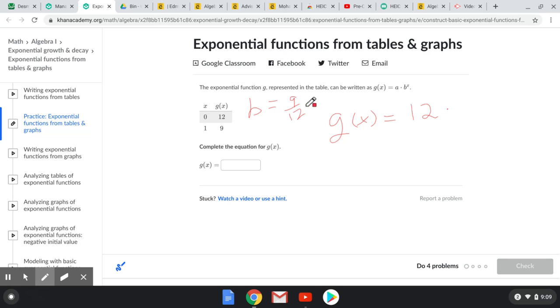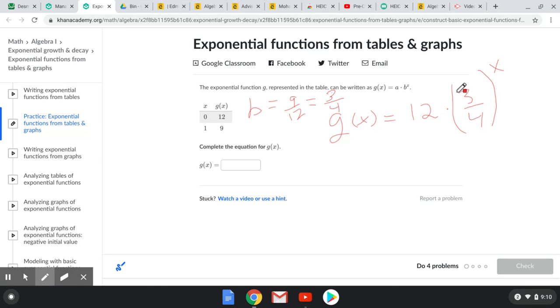So 9 divided by 12, I'm going to simplify this. So 3 goes into both of these. So if I divide by 3, I get 3 over 4. So that's as simplified as we get. So we have 3/4. I need to put that in parentheses to the x power. Okay, because if I don't put the parentheses, then it looks like the x just applies to the 3, and it doesn't.